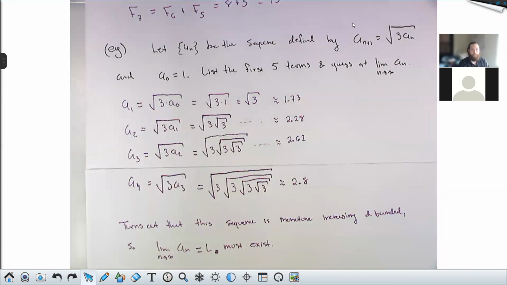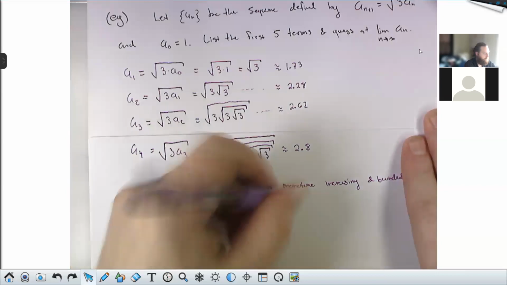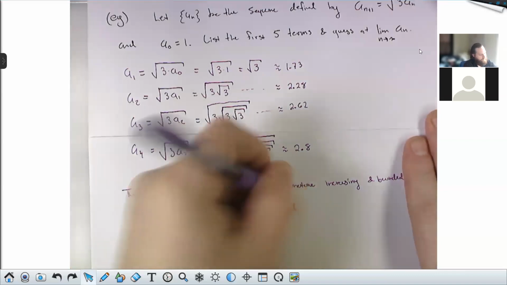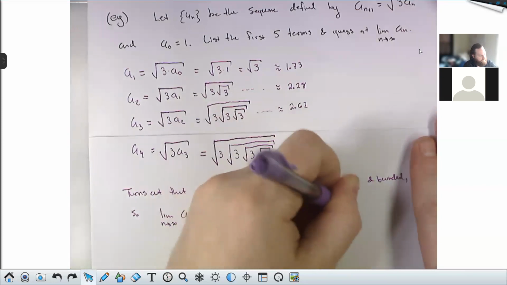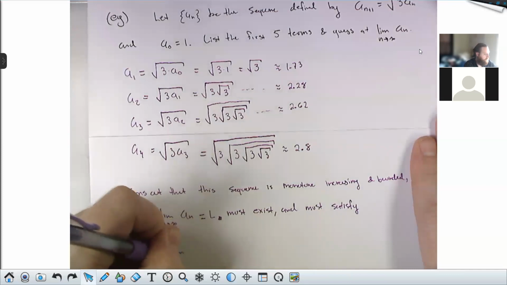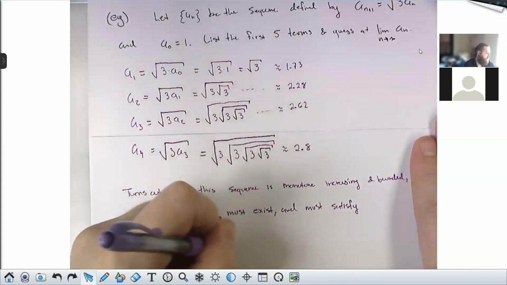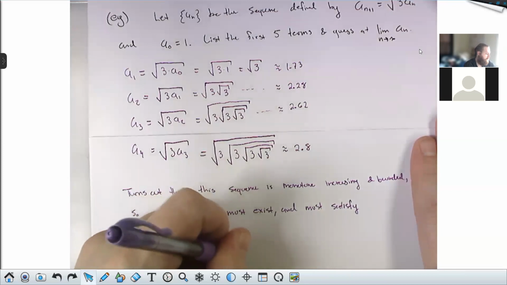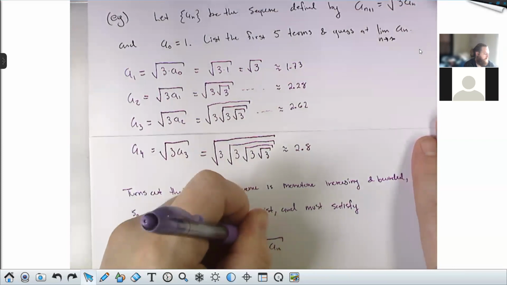And then if I take this recurrence relation and send n to infinity everywhere in that, this must exist and must satisfy: the limit as n goes to infinity of a_(n+1) equals the limit as n goes to infinity of the square root of 3a_n.